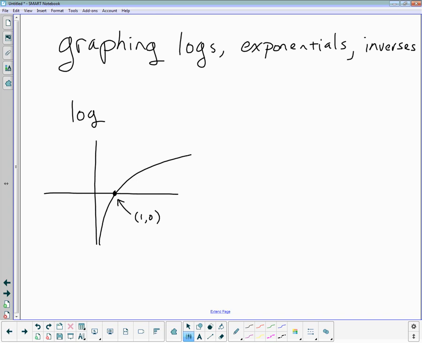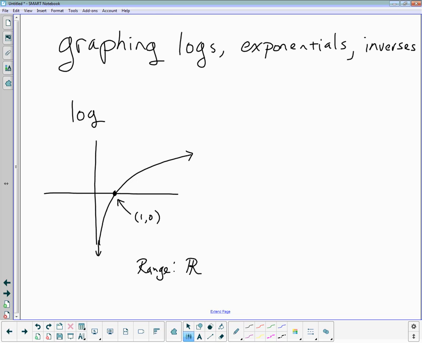Okay, so we have a vertical asymptote at 0, and the graph continues all the way in the positive direction. So my range would be all real numbers. However, my domain is what?